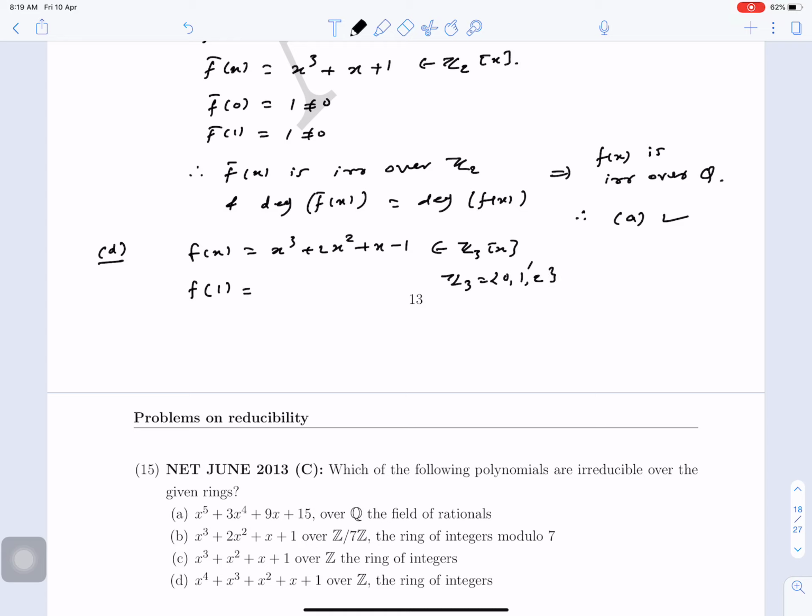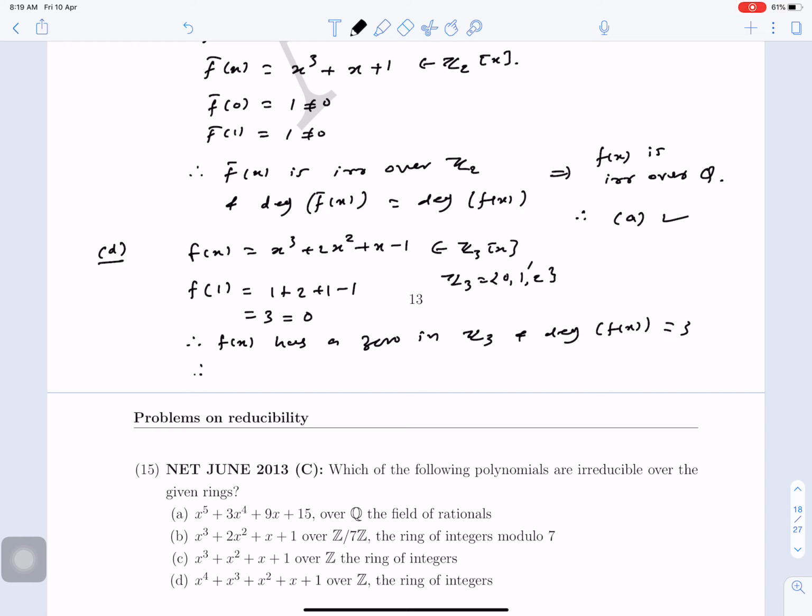So f(1) will be 1 plus 2 plus 1 minus 1, so it will be 3, and it is 0. So therefore f(x) has a zero in Z3, and the degree of f(x) is equal to 3.